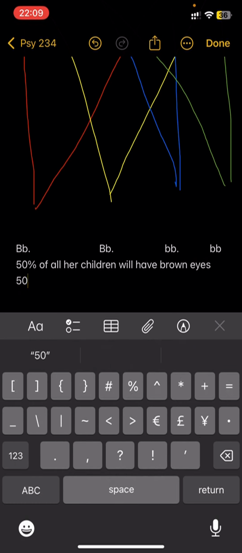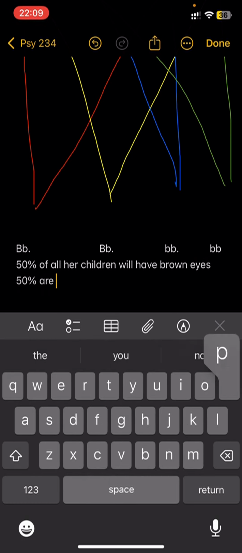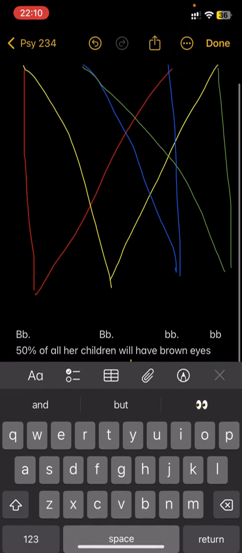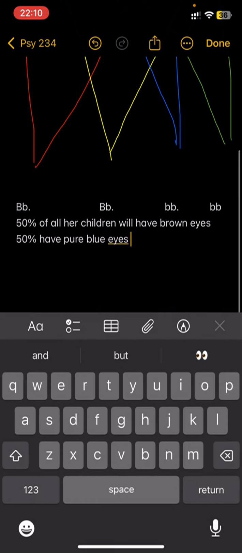And then we can also see 50% are pure blue-eyed. Have pure blue eyes, rather. So does that make any sense?